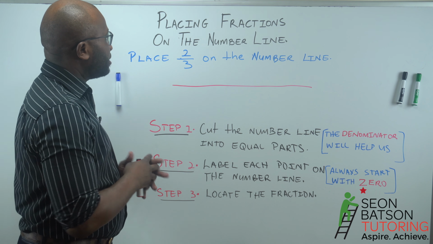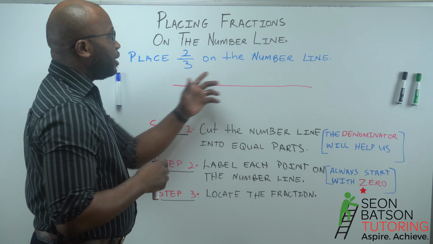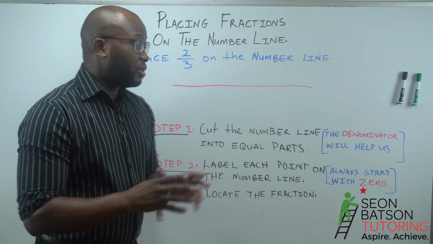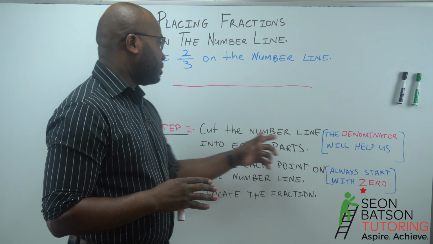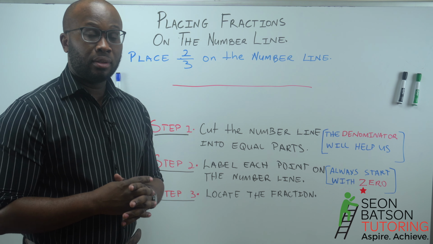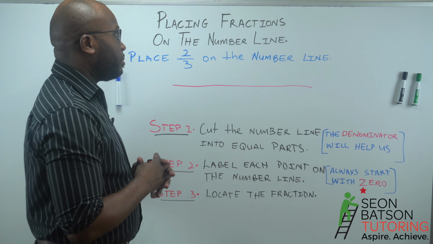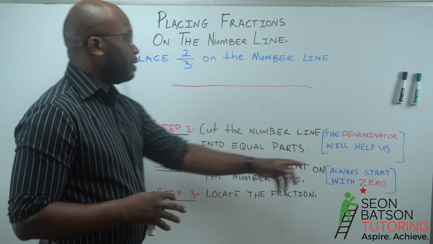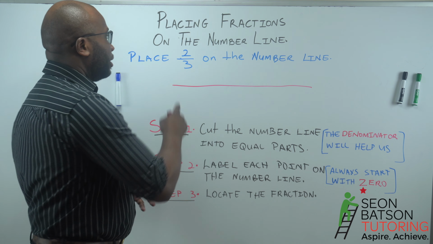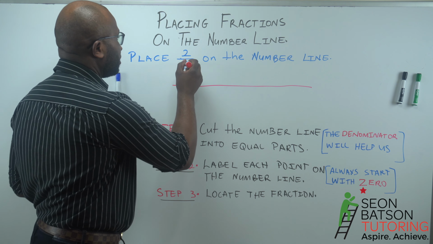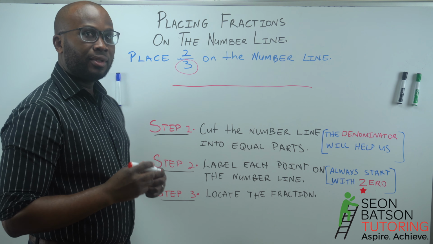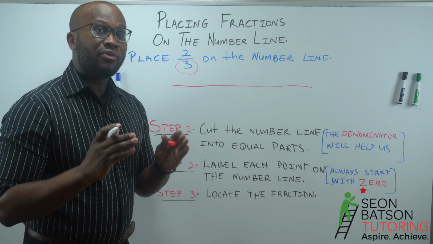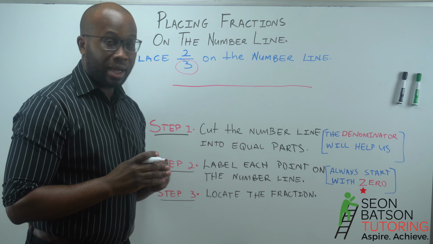The example here says, place 2/3 on the number line. So the very first step will be to cut the number line into equal parts. How many parts should the number line have? The denominator will help us. The denominator of this fraction is 3. So guess what? We will cut our number line into 3 equal parts.